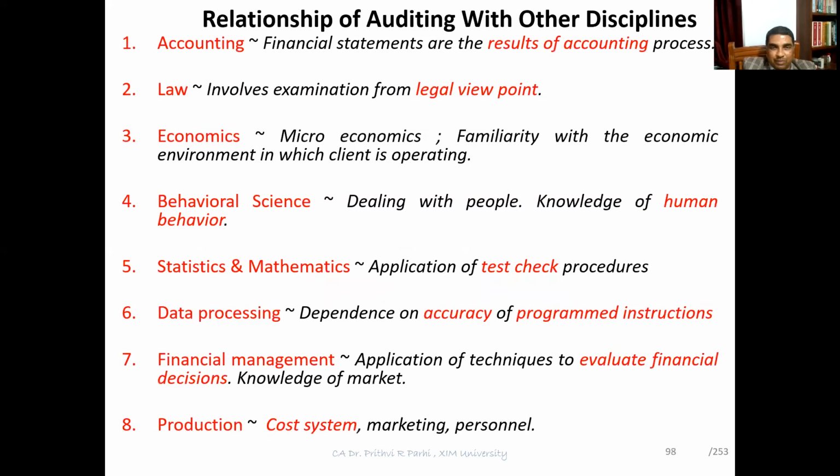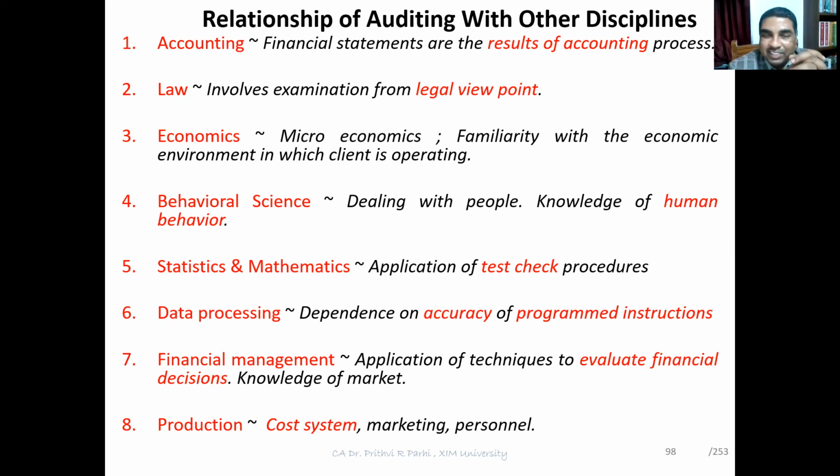Quickly, let us learn one more aspect, that is how auditing is related to other disciplines. Auditing and accounting are very closely related. As you know, the financial statements which are audited are the end result of the accounting process.